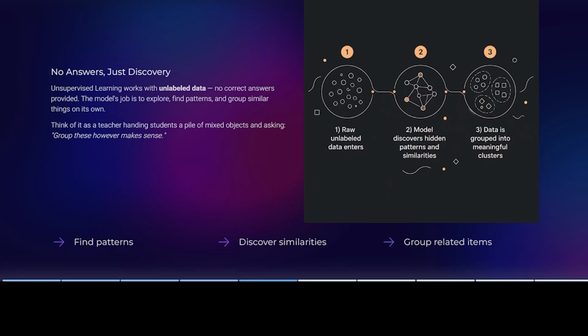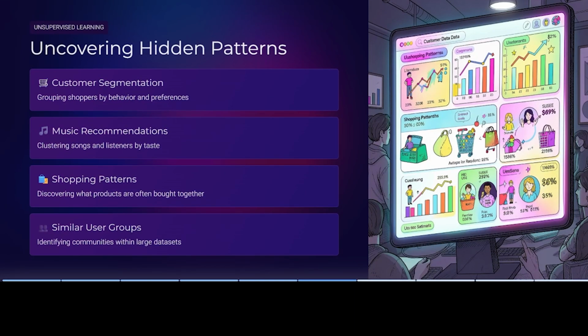Some real world examples are present in unsupervised learning. The first one is customer segmentation. Companies group customers based on buying behavior. The people who buy toys are grouped into a separate area, and those who buy clothes come under the clothing category.